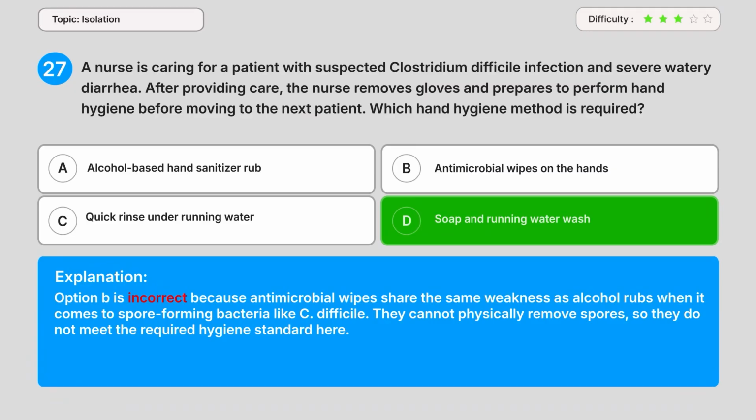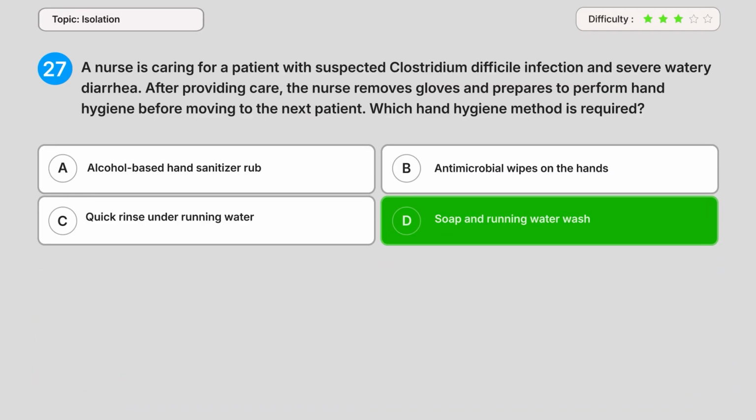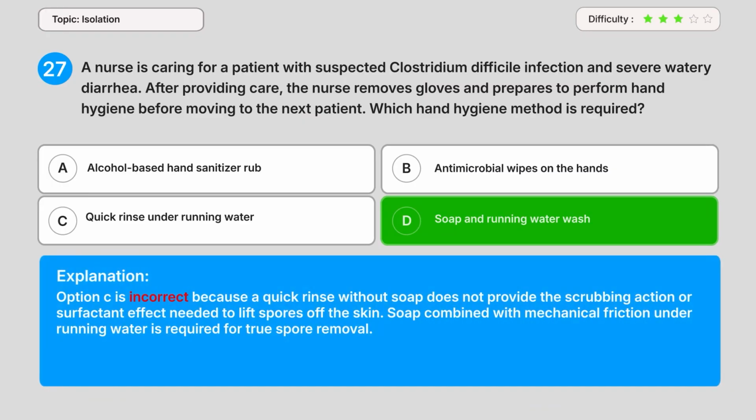They cannot physically remove spores, so they do not meet the required hygiene standard here. Option C is incorrect, because a quick rinse without soap does not provide the scrubbing action or surfactant effect needed to lift spores off the skin. Soap combined with mechanical friction under running water is required for true spore removal.